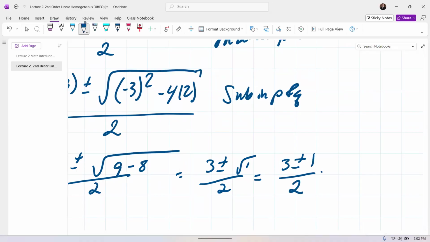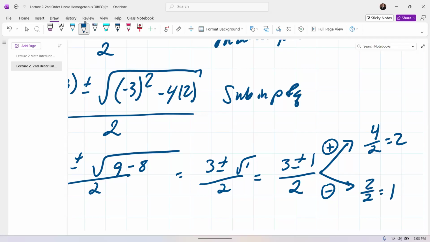And that gives us 2 answers. We have the positive root. Remember, we have the plus and the minus root solutions. So I'll just put a plus and minus over the arrows to remind myself of that. So we have 4 over 2 equals 2. And we have the minus root. So 3 minus 1 is 2. That's 2 over 2 equals 1. So our 2 solutions then are going to be 2 and 1.